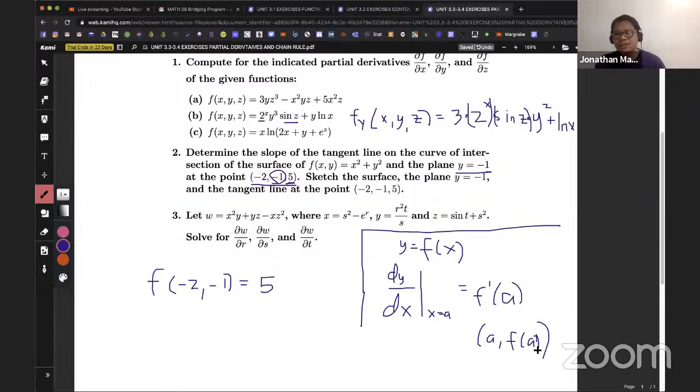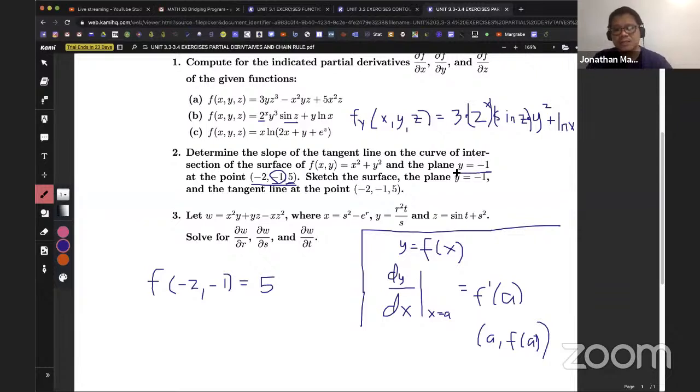Provided, of course, that your function is differentiable at A. Okay? So now, using that, nasa na tayo? Okay. In this problem, pinifix natin yung value ng y. Since pinifix natin yung value ng y, ang nagva-vary na lang dito ay yung x.